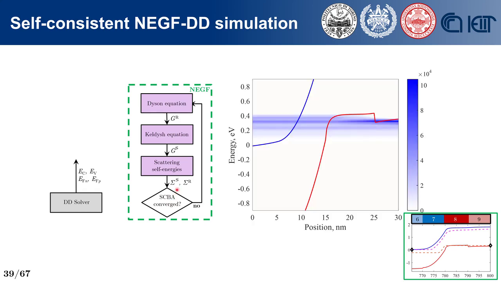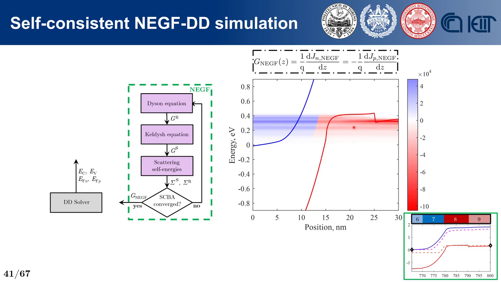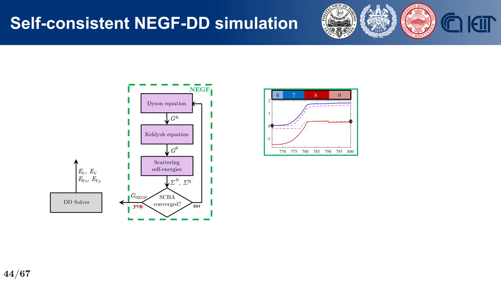Now let's go back to the current. If we define an energy threshold, for instance in the mid-gap, it is possible to distinguish electron current densities from hole current densities. We integrate them in space, we compute the derivative versus space, and we have a generation rate which is something that talks with drift diffusion.